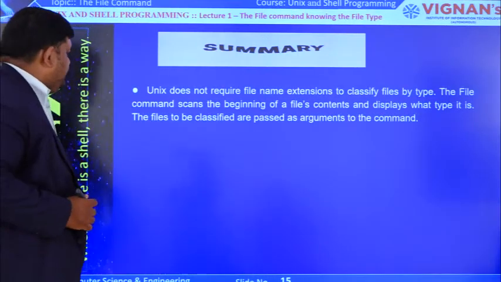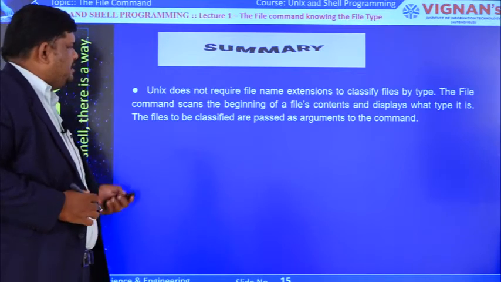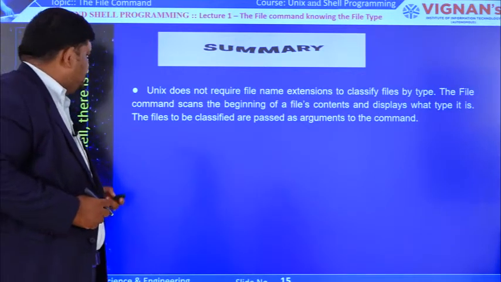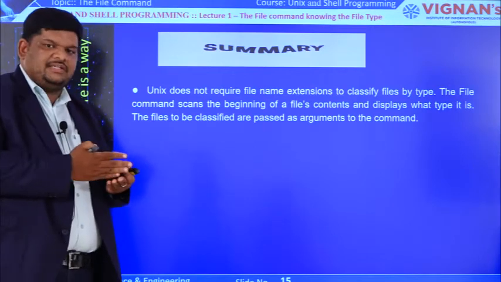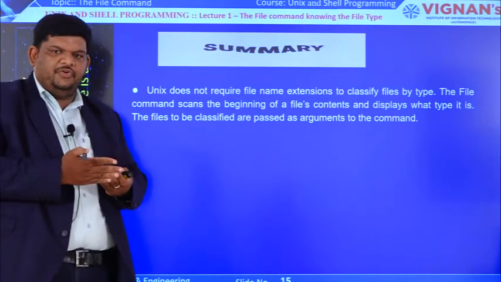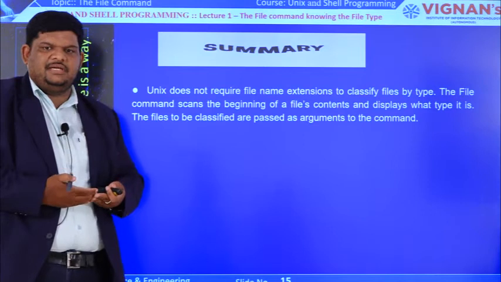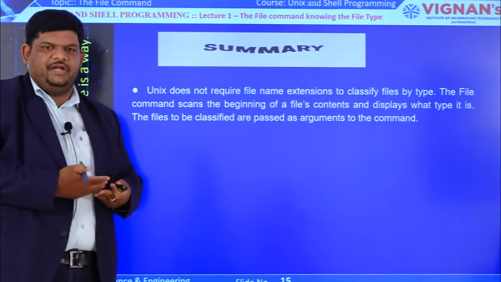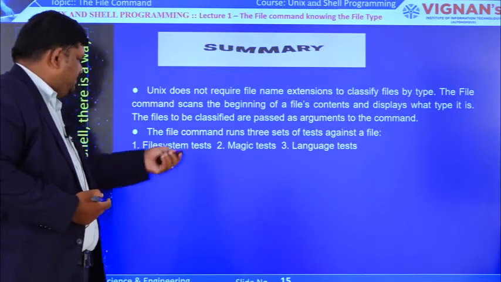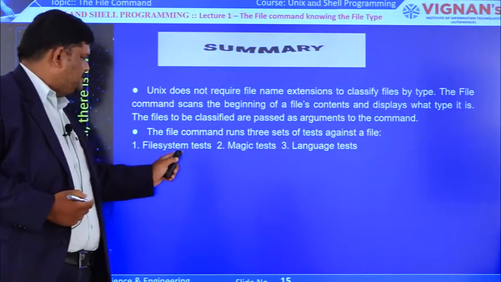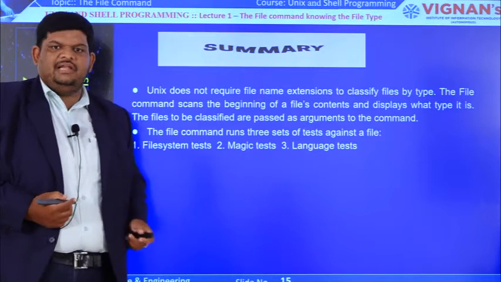Well, coming to the summary, we've seen that Unix does not require file name extensions because with the help of the file command, we can get the file type, because it scans the starting few bytes of each file. After that it performs some testing, then it will generate the file type. For that it performs three types of testing, which we've also seen: file system testing, magic testing and language testing.